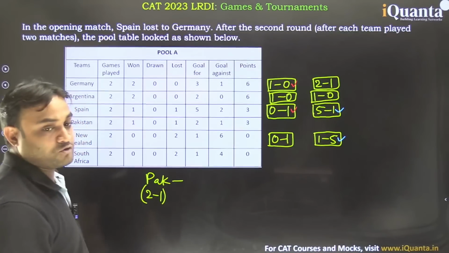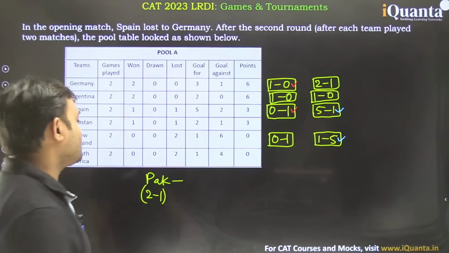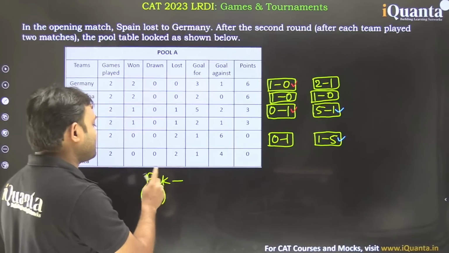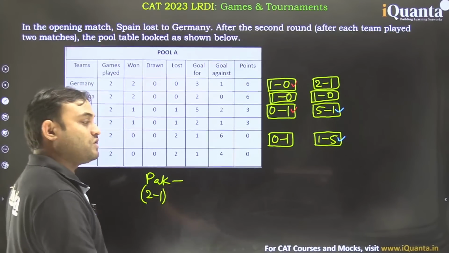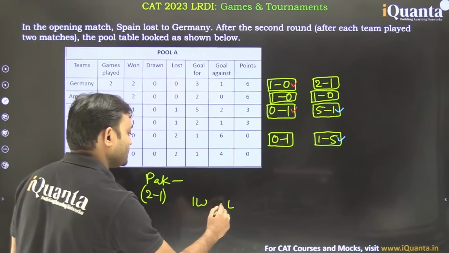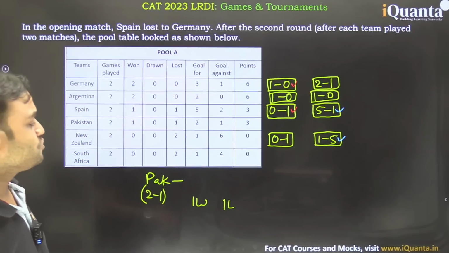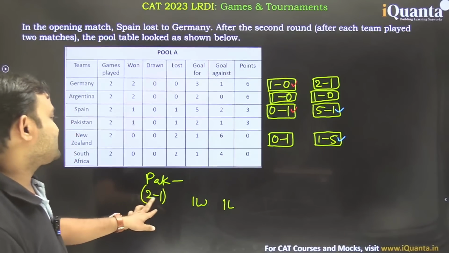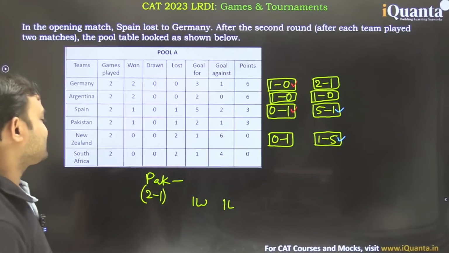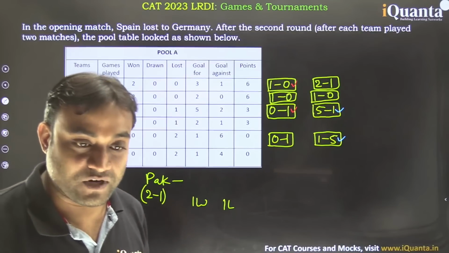Can you tell me what could be the score line of those two matches where Pakistan won one and lost one? The total score line says 2-1, but Pakistan won one match and lost one match.